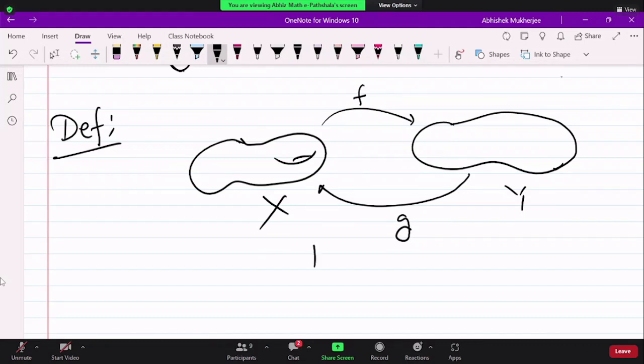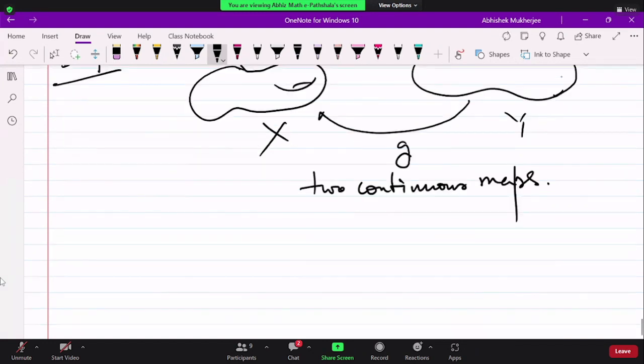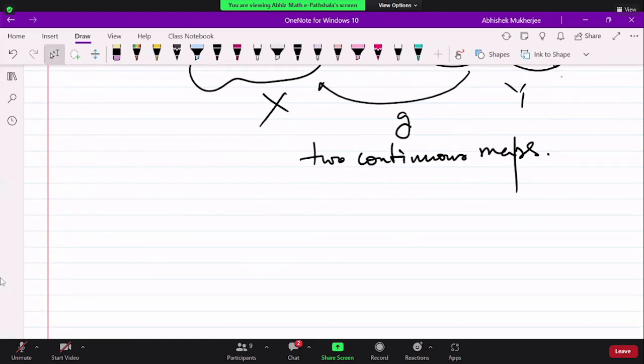So two continuous maps. Great. And suppose that you can easily make the compositions G compose F and F compose G both.